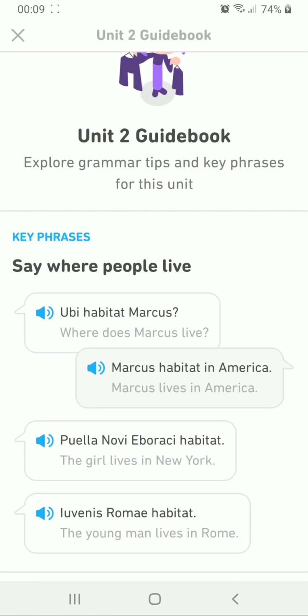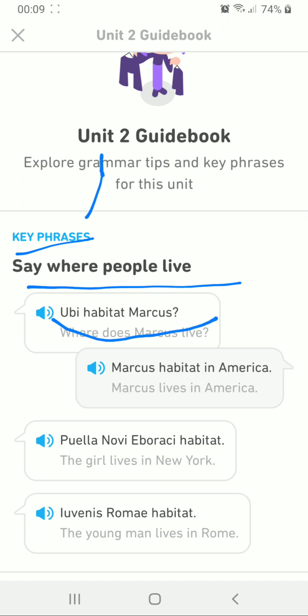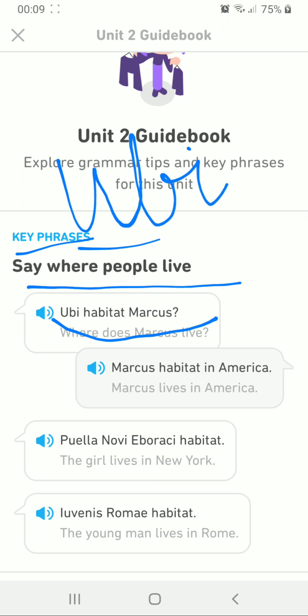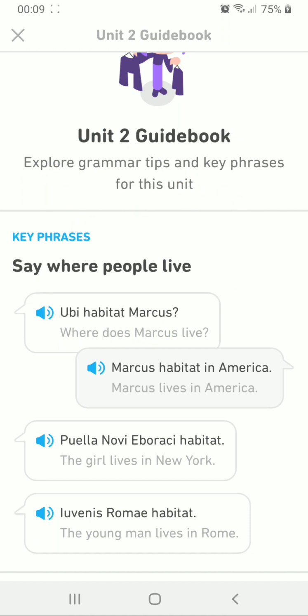So key phrases here, we have say where people live. Ubi, remember ubi means where. Ubi habitat Marcus? Where does Marcus live?